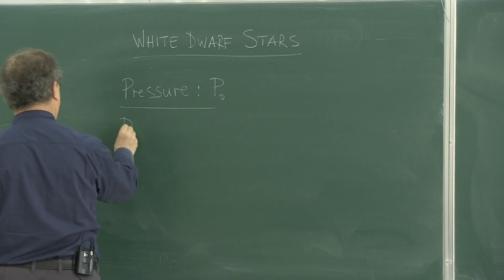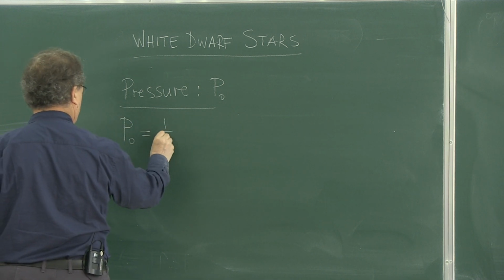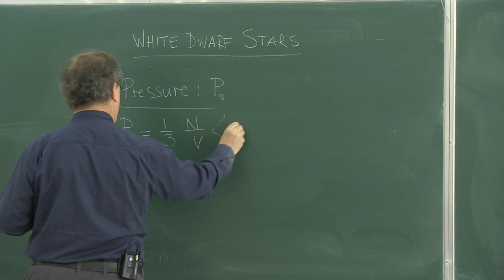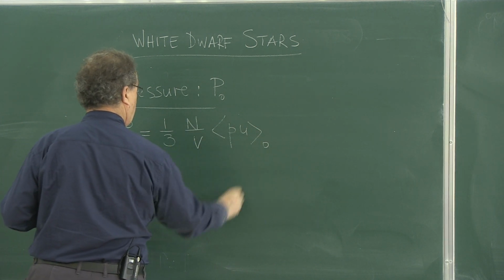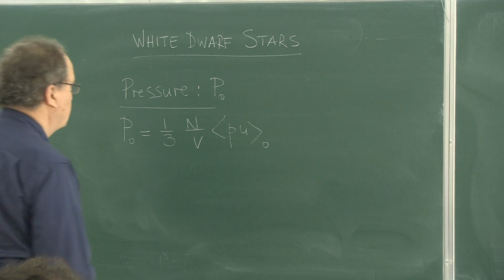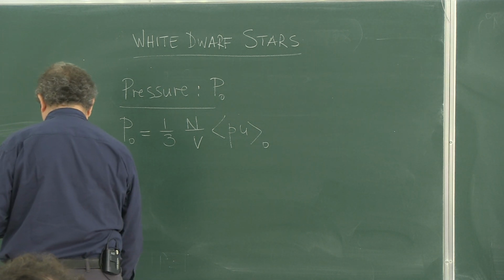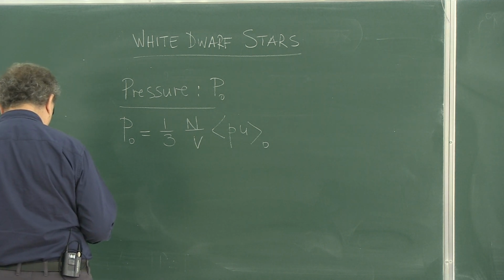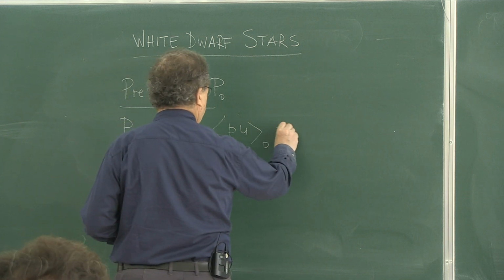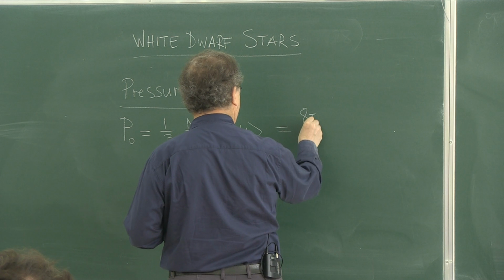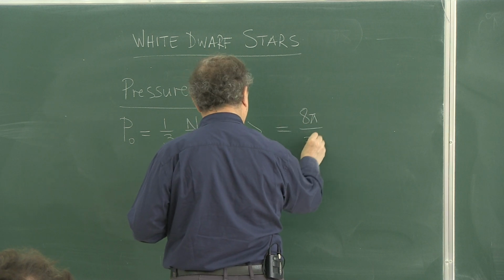This pressure P0 can be written as 1/3 N over V times the average value of pu at T equals 0. Check our earlier relationships that we have found, the pressure-energy relationship. If you write this average value as an integral, it becomes 8π over 3h³.